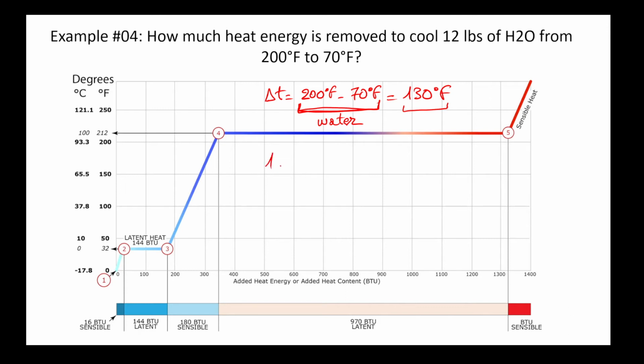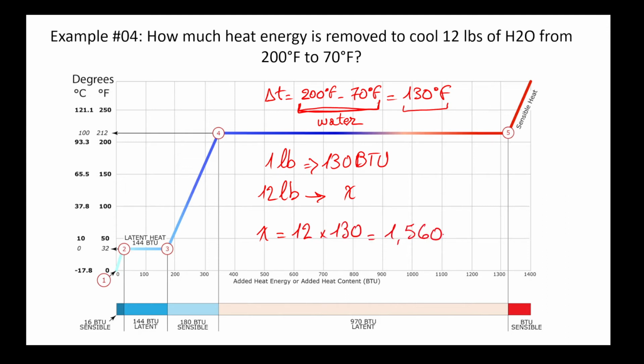So for 1 pound, we need 130 BTUs, and for 12 pounds, we need X. Cross multiplication is 12 times 130, which is 1,560 BTUs.